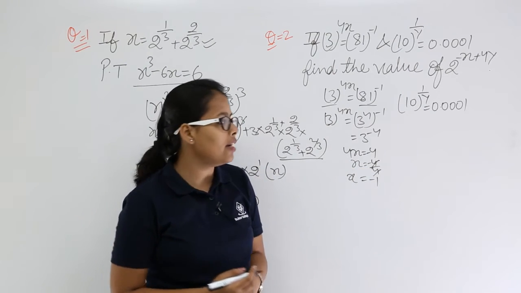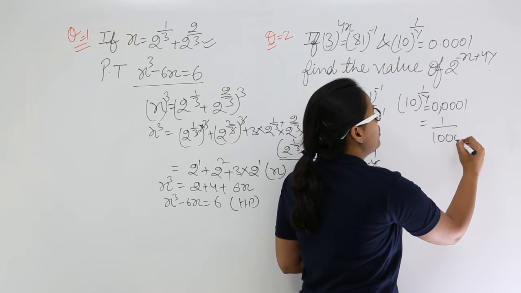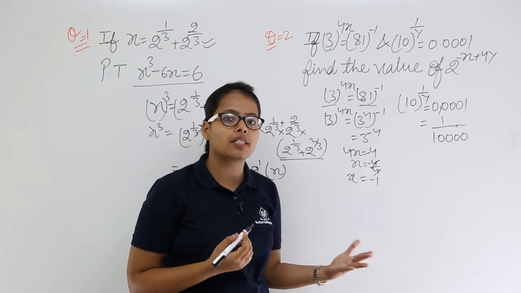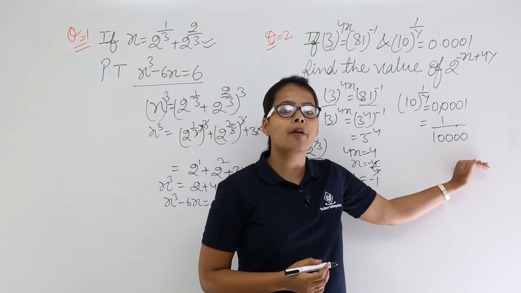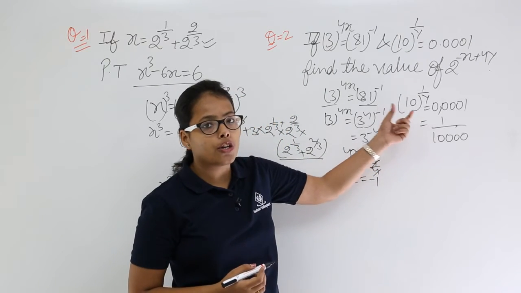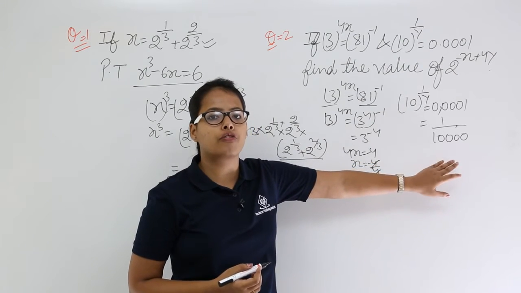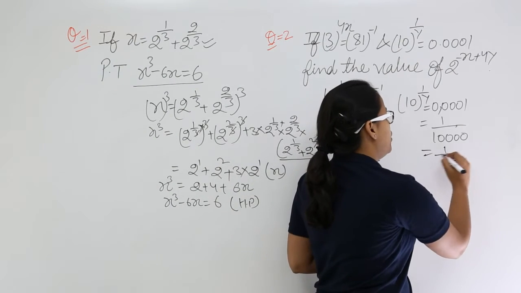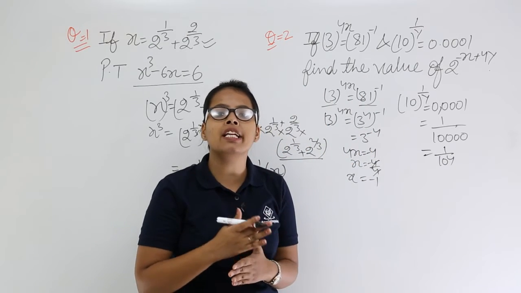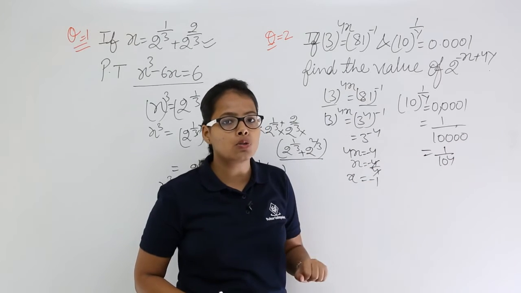As there are 4 decimal digits after the decimal point, there will be that many zeros in the denominator. On your left hand side there is the base of 10, so you are going to make the base 10. You can write this as 10 to the power 4, which means you are multiplying 10 4 times. When you multiply 10 4 times, you will get 10,000.